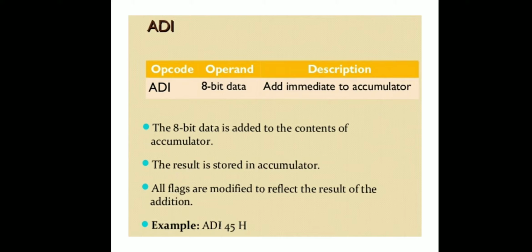Next, ADI. This instruction adds immediate to the accumulator. That is, the 8-bit data is directly added to the content of the accumulator, and again the result is stored in the accumulator, and the flags are modified to reflect the result of addition.